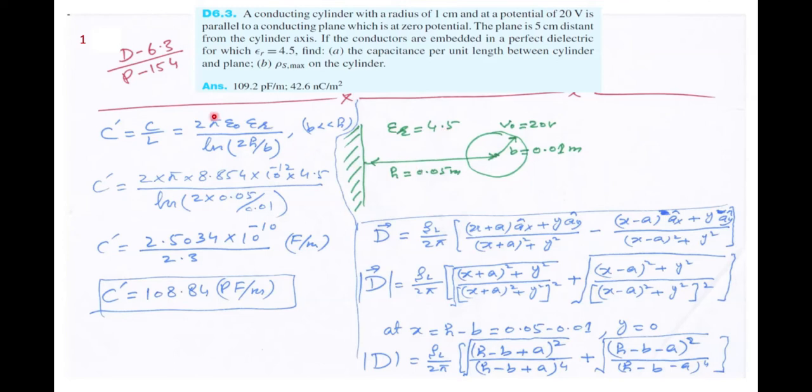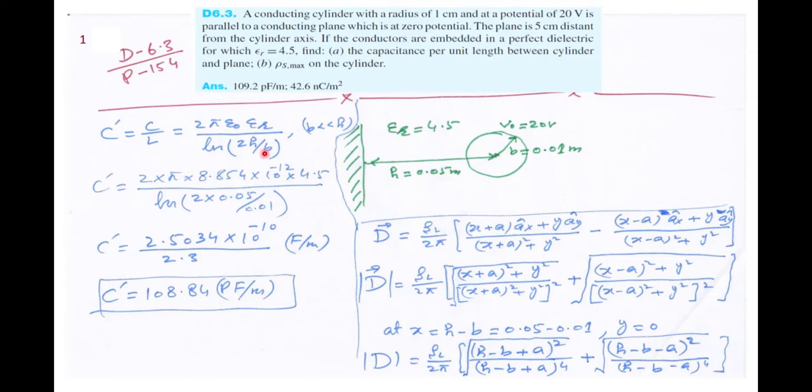In the last lecture we obtained this value. For the case when b is much smaller than h, we can use this formula. The capacitance per unit length is equal to 2 pi epsilon naught epsilon r divided by ln of 2h divided by b.